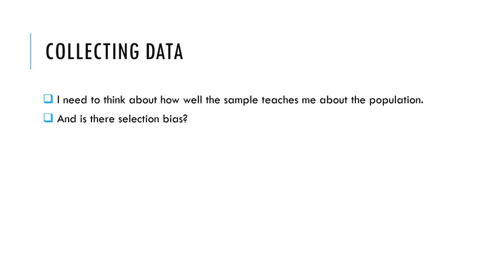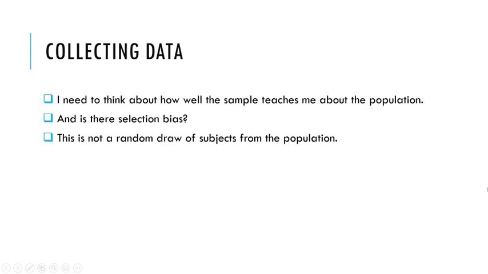And I have to ask myself again, is there selection bias if I'm using the results from this one small school to learn about the entire population? Somebody could argue, hey, wait a minute, this might not be a representative sample because it's not a random draw of subjects from the population, because this was a school that was highly rural and incomes were on the lower end, and there was a different composition of minorities, for example.